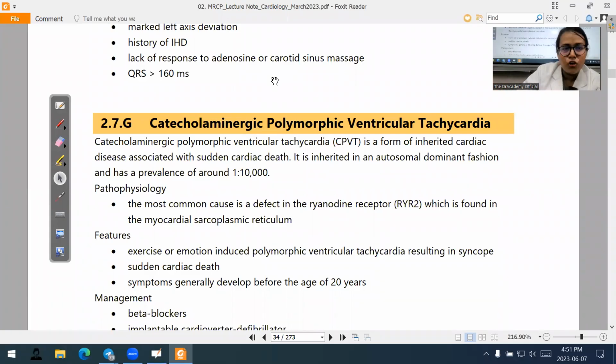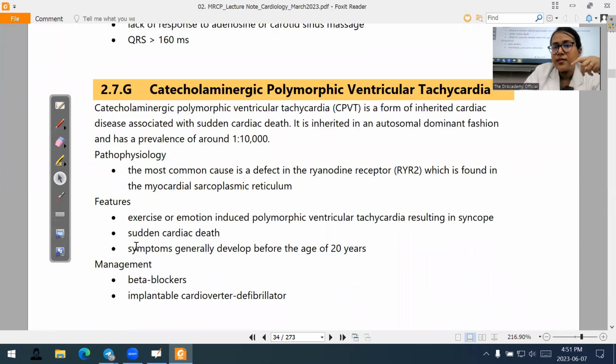This is an autosomal dominant situation because of a genetic abnormality. It happens in the absence of any ischemic heart disease or other factors. The most important factor would be a positive family history of a similar condition.